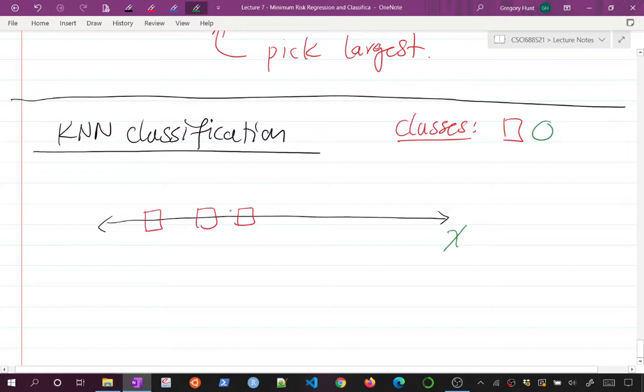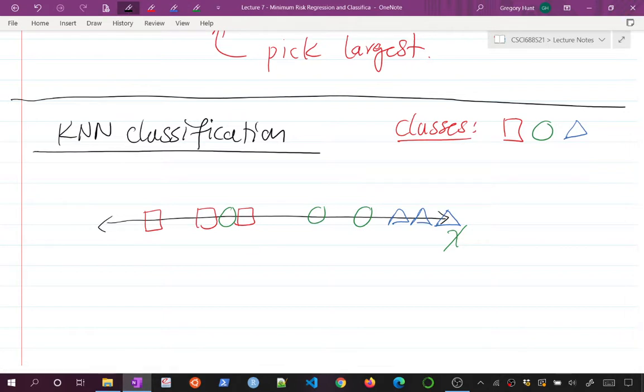And I have green circles. So for this value of x, I observe a green circle. This value of x, a green circle. And then I have, let's say, blue triangles, maybe those end up there.